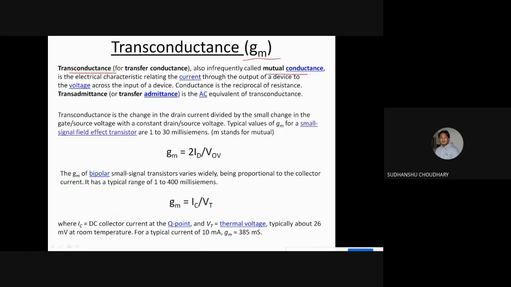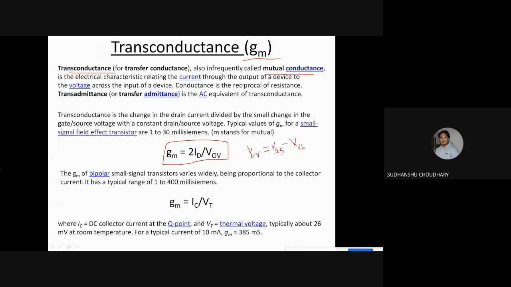Now this transconductance for a MOSFET is given by the relation GM equals 2 times the drain current divided by the gate overdrive voltage. The gate overdrive voltage is equal to VGS minus VT, where VT is the threshold voltage.